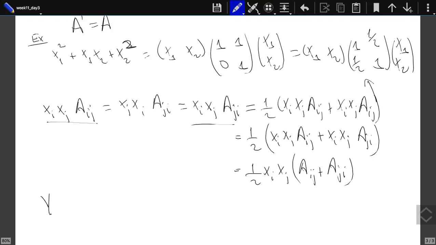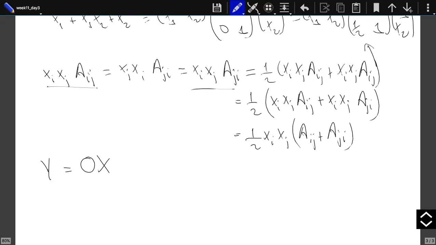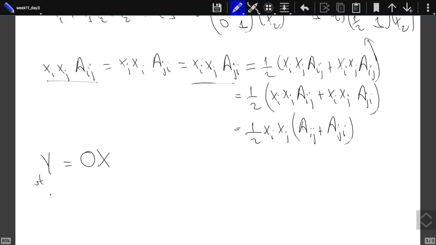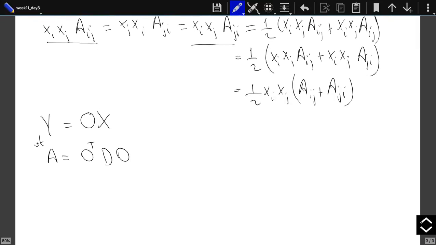So if I define Y to be some orthogonal matrix O times X, such that this matrix A is equal to the transpose of this orthogonal matrix times some diagonal matrix times O, I can just diagonalize A, find this matrix O, and then make a change of variable to Y. dx1 up to dxn will be just dy1 up to dyn times the Jacobian of this transformation.